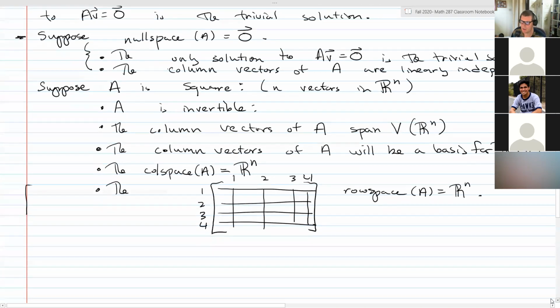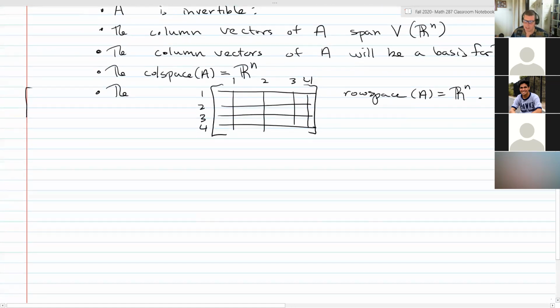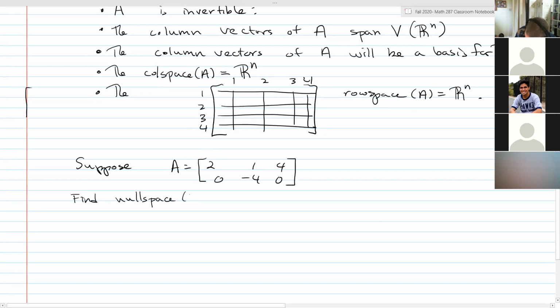Now we have this idea of the null space of A equaling 0. Let's suppose we had A equal to 2, 1, 4, 0, negative 4, 0. We want to find the null space of A. This is just a reminder of what we've been doing.